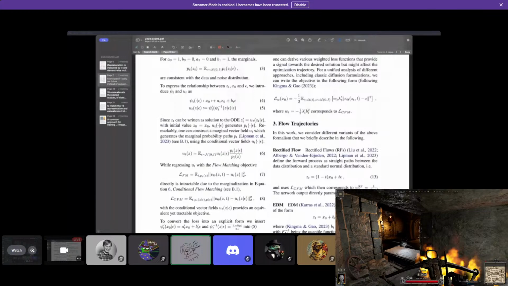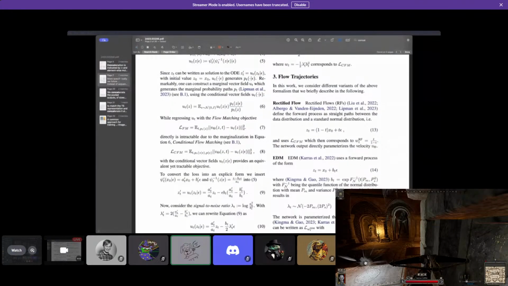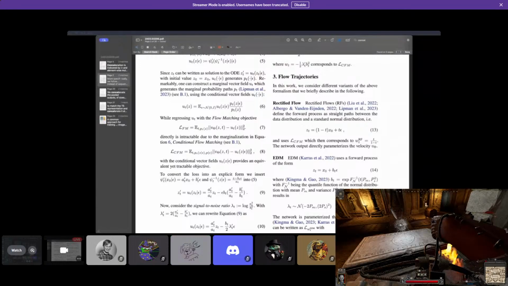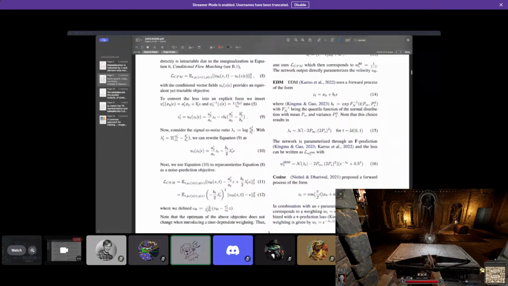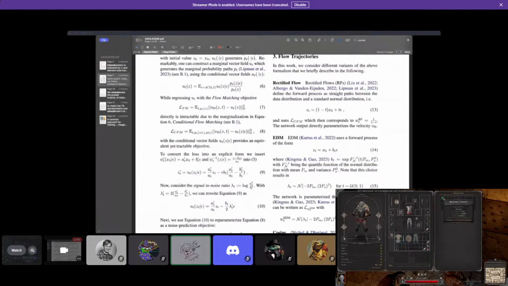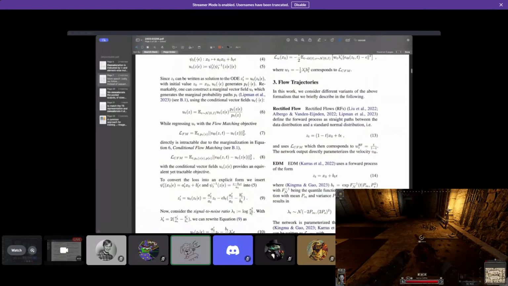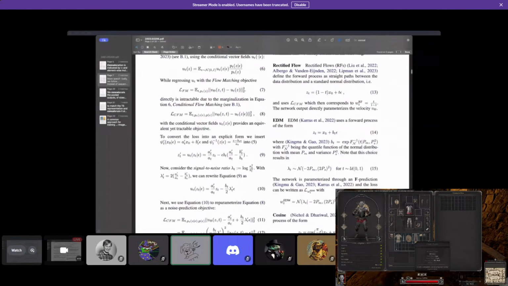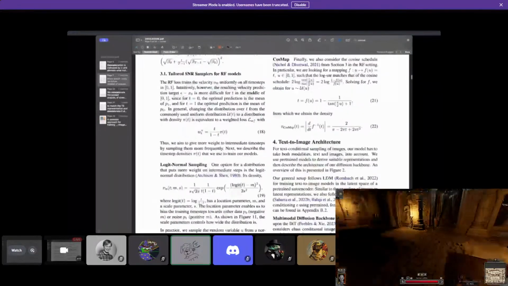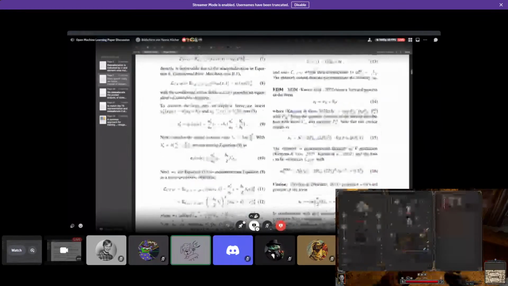After this, they go into two things they experiment with. This results in a giant table of different configurations of what they tried. This is section 3.